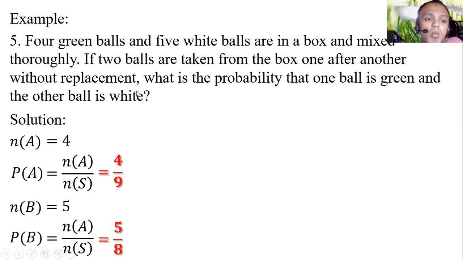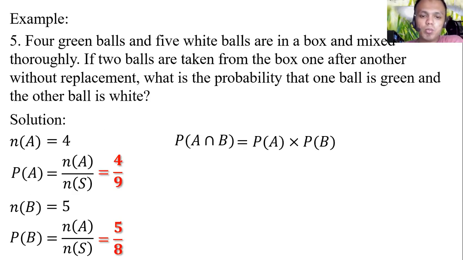Why? Kasi nga walang replacement, no? Meron tayong 9 balls doon sa box, kinuha natin yung isa, tapos hindi na natin binalik. Nagkaroon na lang ng 8, then kumuha ulit tayo ng isa. So magiging 8 yung sample space ng second event.